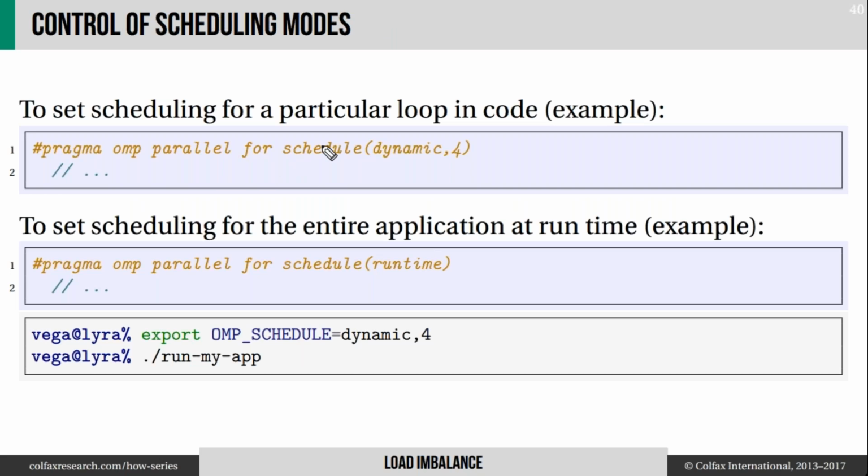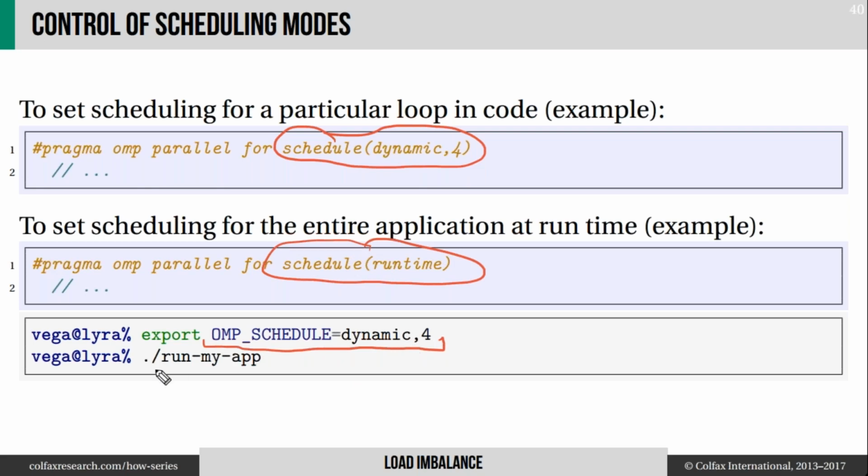To tune scheduling, you can either hard code the scheduling mode in the code, or you can defer the setting of scheduling to the runtime. Just set schedule runtime, and then at runtime, your code will be sensitive to the environment variable OMP_SCHEDULE.